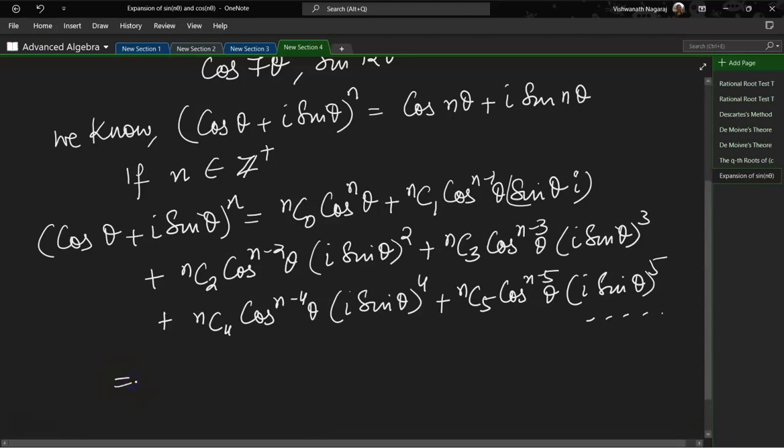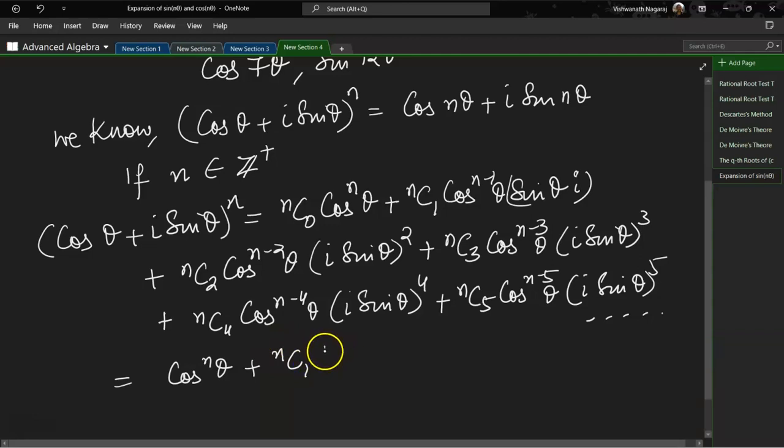So let's say equal to nC0 is 1, so cos n theta, plus let's say nC1. Let's open up these brackets of sine.